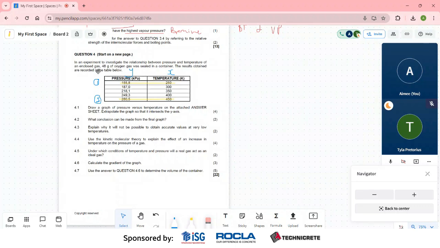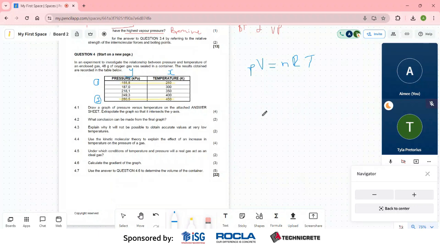So we know that we're looking for volume, and we know that they've given us grams, a mass that can be converted into moles, which means the most likely formula we're going to have to use to get our answer here is PV equals nRT. So pressure times volume is equal to number of moles multiplied by my constant R multiplied by temperature.